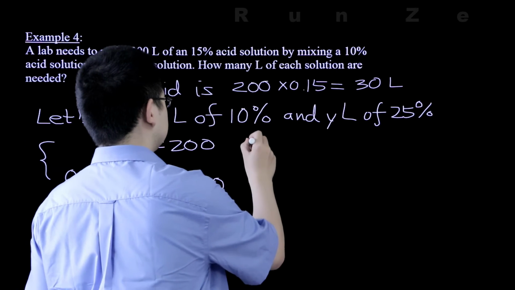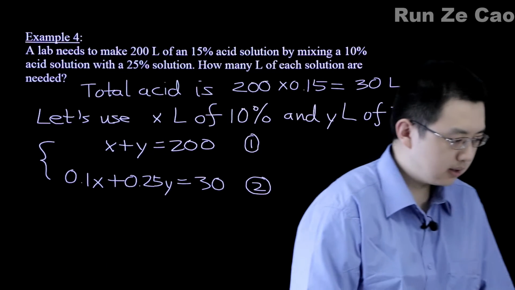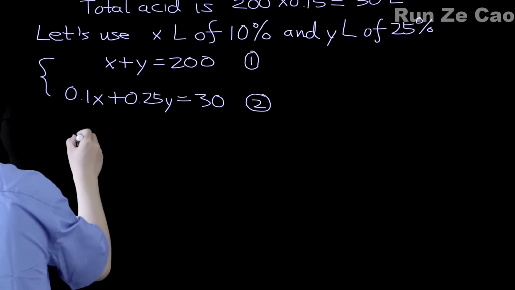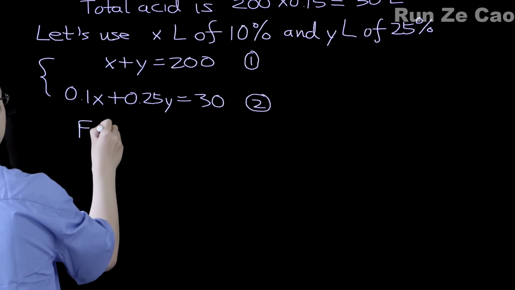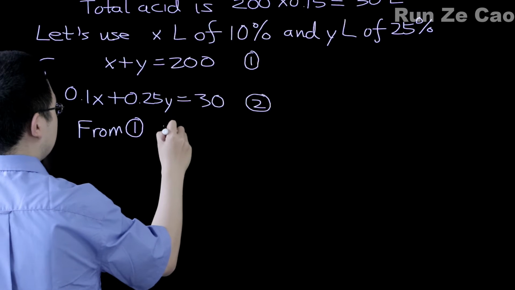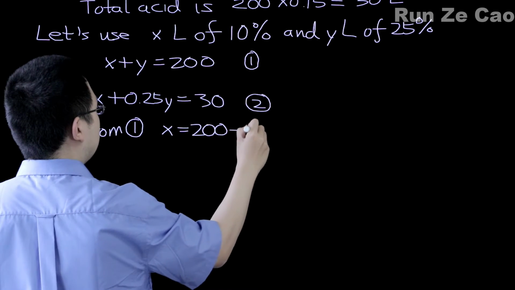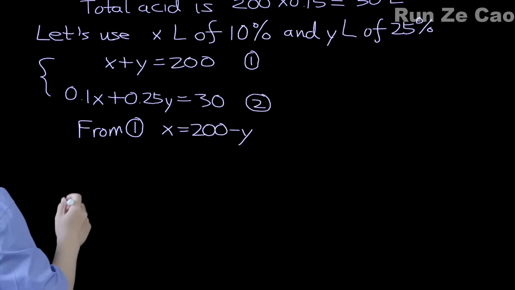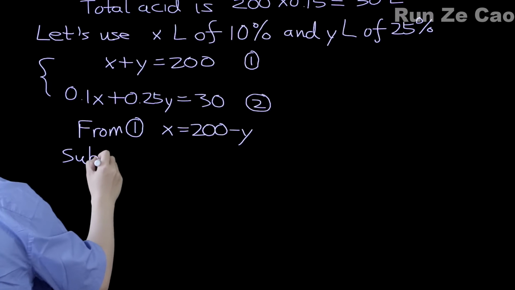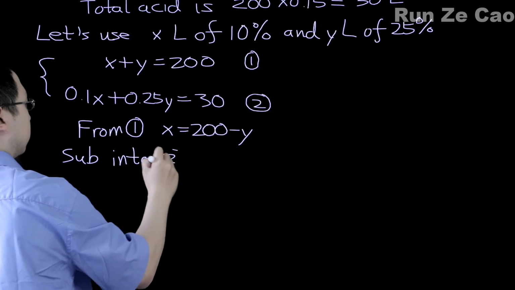Now, clearly this tells us that x equals 200 minus y. From 1, x equals 200 minus y, and because we have to do this by substitution, sub into 2.